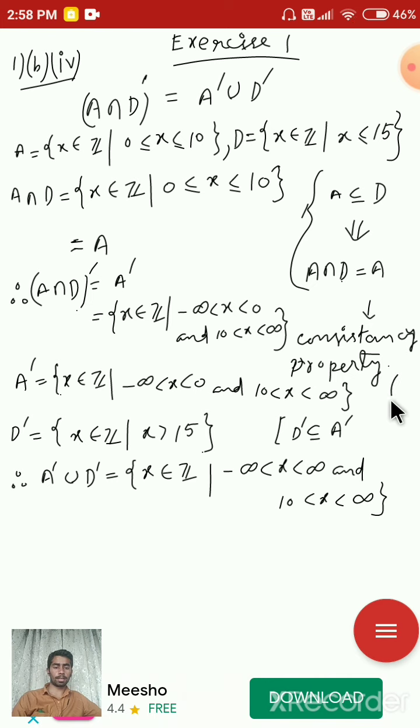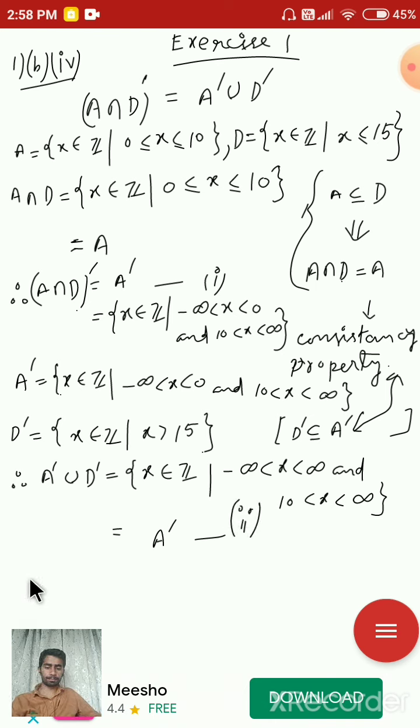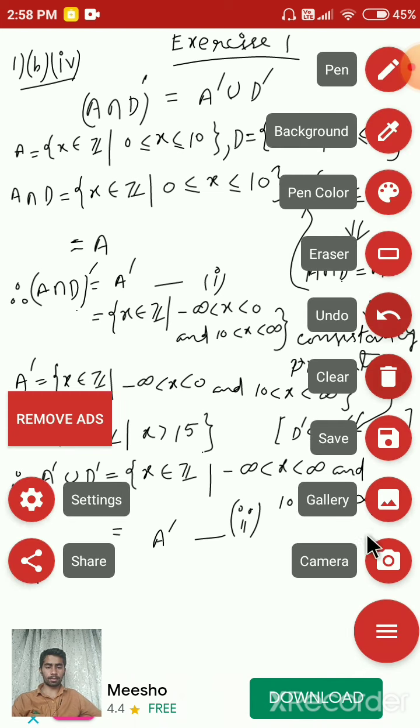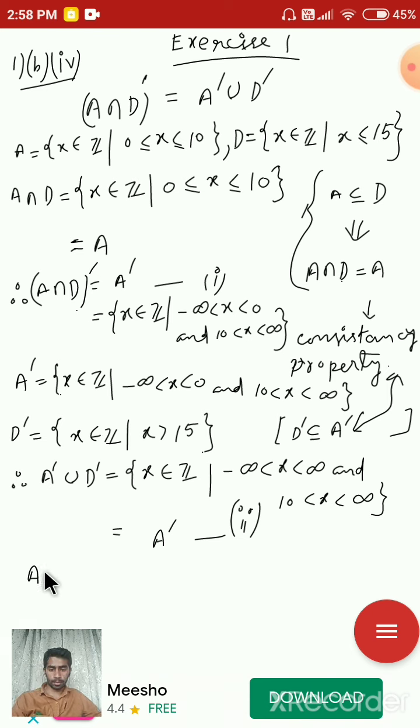Therefore, using this property, again we can directly write it as A complement, and therefore from 1 and 2 we can say that (A intersection D) complement equals A complement union D complement.